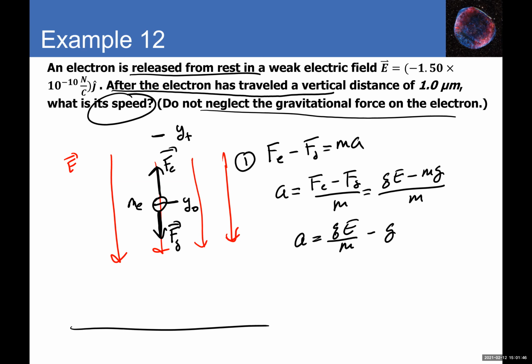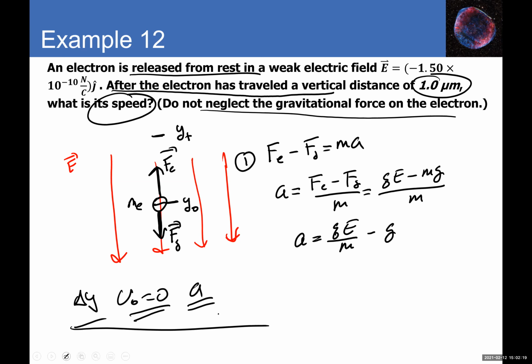The thing is, look at the distance it's traveling, a micrometer, just a millionth of a centimeter, a millionth of a meter, sorry. Which means that because the electric field is so weak, we can assume that the gravitational force is already constant. That means for that small region, the electric force will also be constant. So the acceleration is constant. Then here I can use kinematic equations. I'm given my displacement and initial velocity, and I have the acceleration.